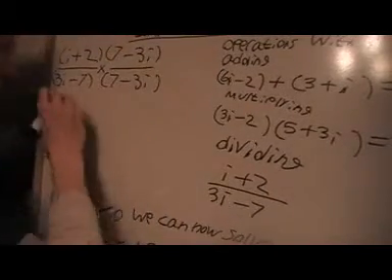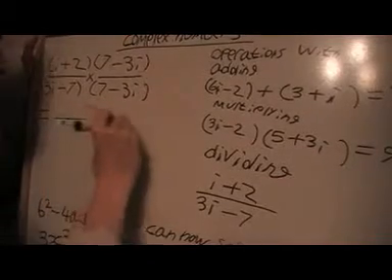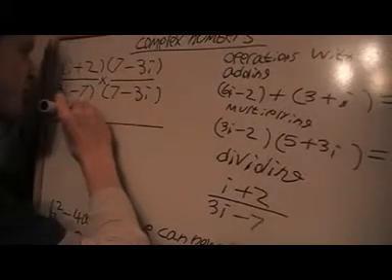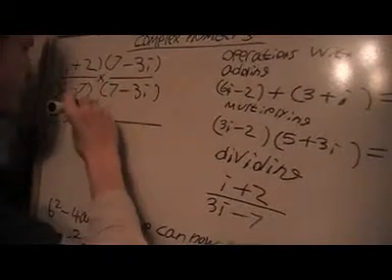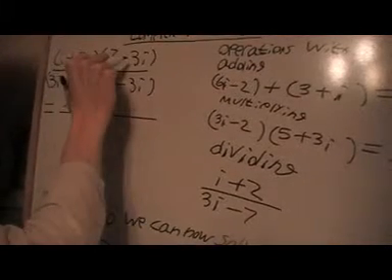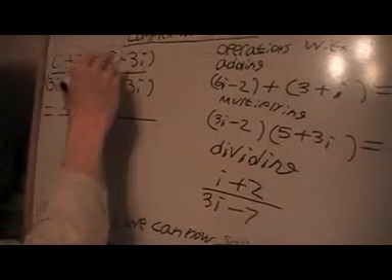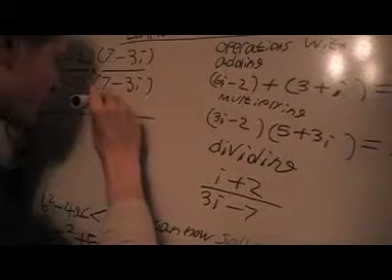And I'm going to expand these brackets real quick here, just to make sure there's no running out of time. On the top here I'll get 7i plus 14, and that's a minus, that's i times i, so that's i squared, that's minus 3i squared.